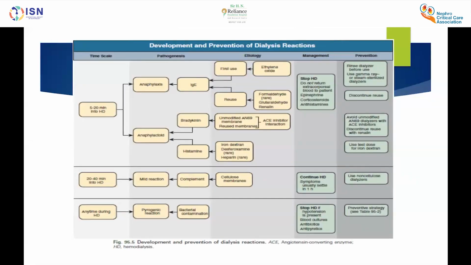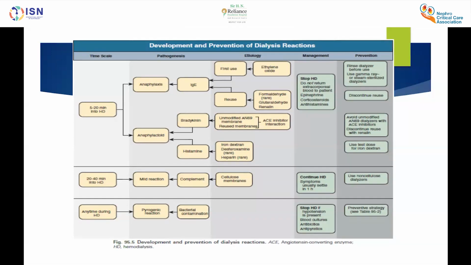So this time scale, along with this table, shows the pathogenesis, what could be the etiology, and how you manage and prevent it. So dialyzer reaction could start within 5 to 10 minutes of starting the dialysis. It could be an anaphylaxis kind of reaction, which is IgE mediated. It could happen with the first use of a dialyzer or with reuse.